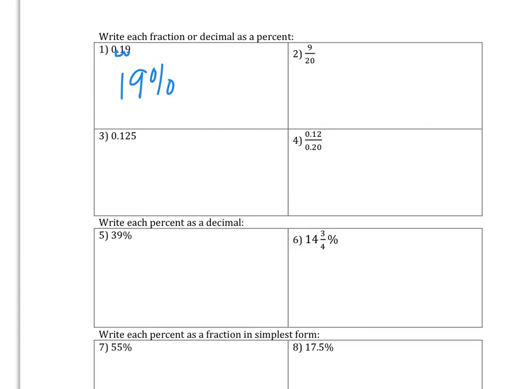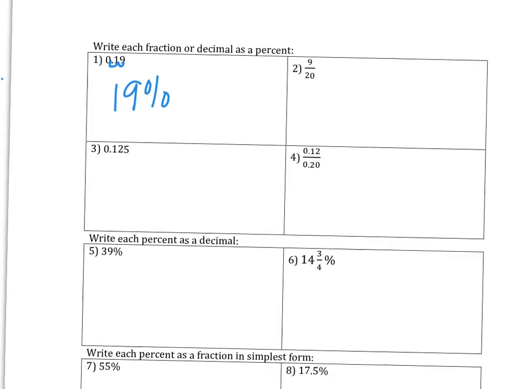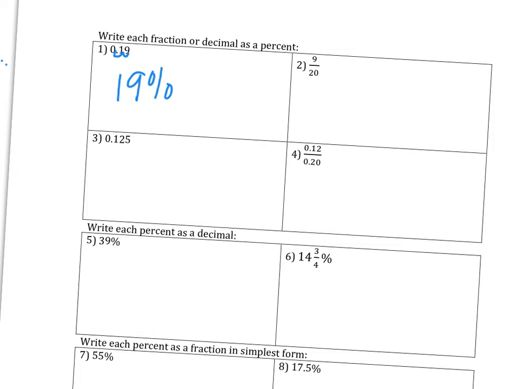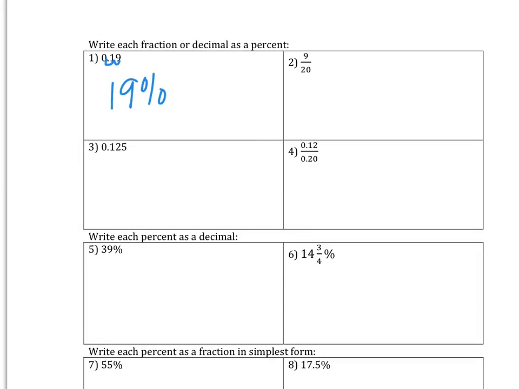And number 2, 9/20, we're going to multiply both sides by 5. So it's out of 100, and that's going to be 45/100, which is 45%.